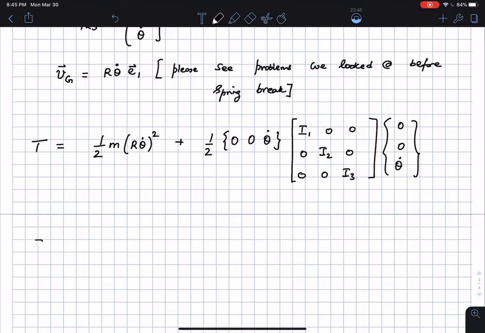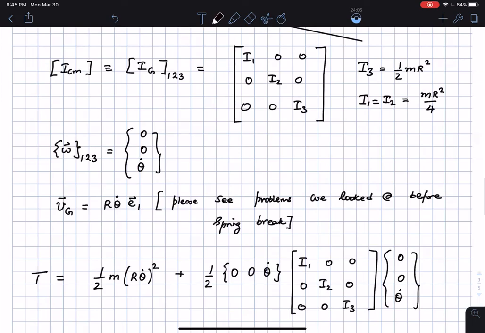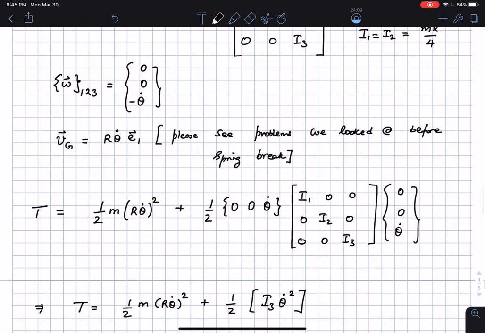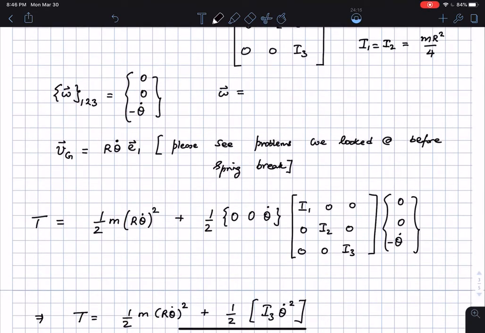If I do the simplifications, T is half m r theta dot whole square, and then half times, after all the matrix multiplication, I3 times theta dot square. A very quick note: theta dot actually is going to be minus theta dot because it's acting in the negative E3 direction. So the angular velocity vector, in vector form, is 0 E1, 0 E2, minus theta dot E3. This is the same way of writing that.